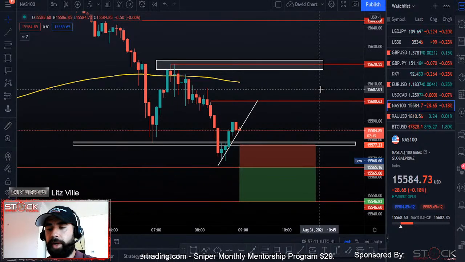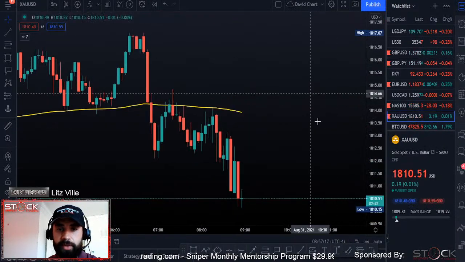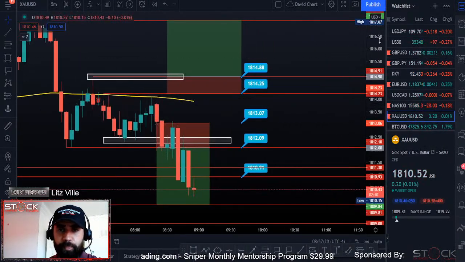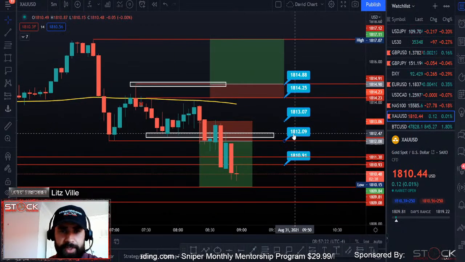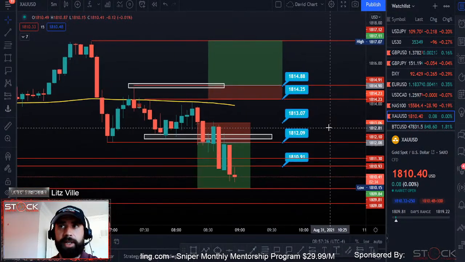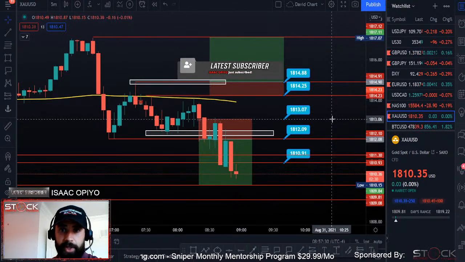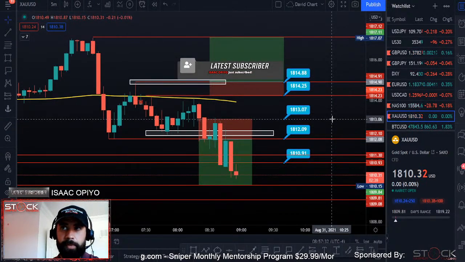Guys, if you're having trouble with your entries, which a lot of people do, especially if they're scalping, I put these on here, these price flags. So if you want to set buy stops, sell stops, you can have those put in there. Like people are like, when am I buying and selling?